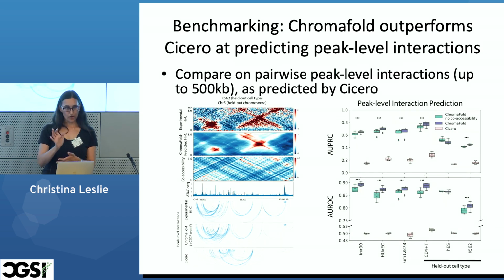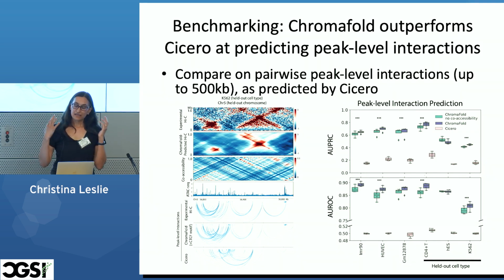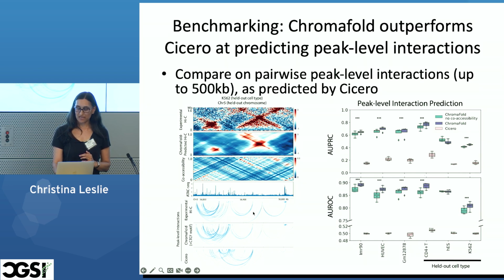It's in the bioRxiv paper. This isn't even fair, right? We're comparing against Cicero, which is an unsupervised method that just takes the co-accessibility matrix and does a graphical lasso. It doesn't perform very well. Here is experimental, ChromaFold, and Cicero.